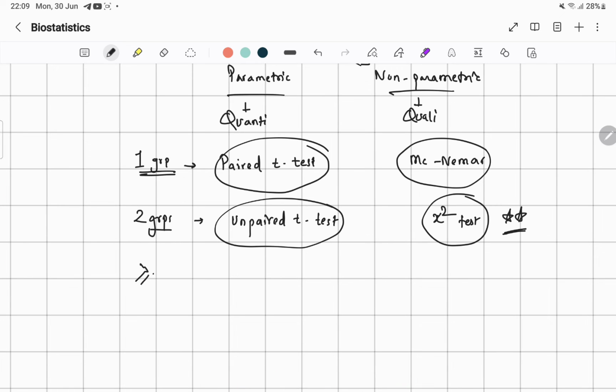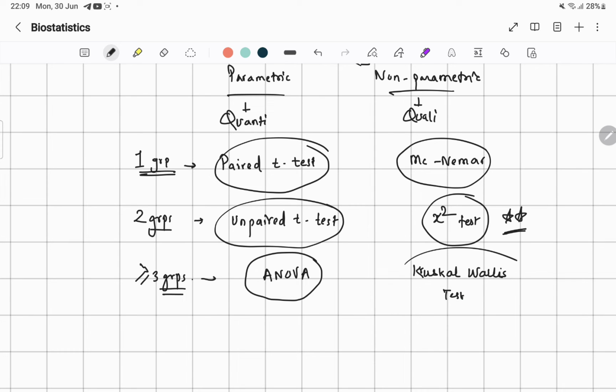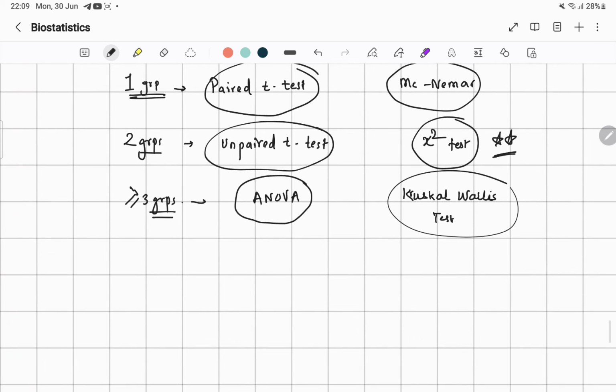And if you have more than 2 groups, here you use ANOVA, analysis of variance, and here for quali data you use Kruskal-Wallis test. Okay, let's take an example.